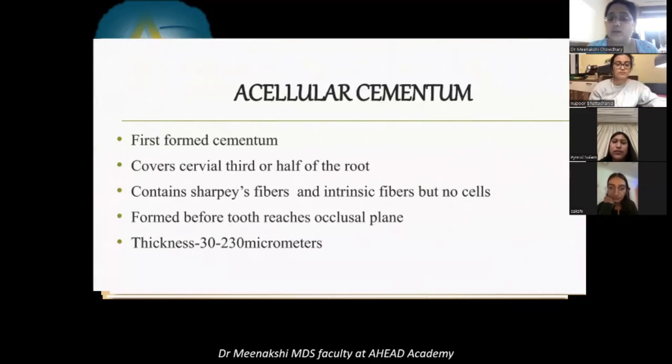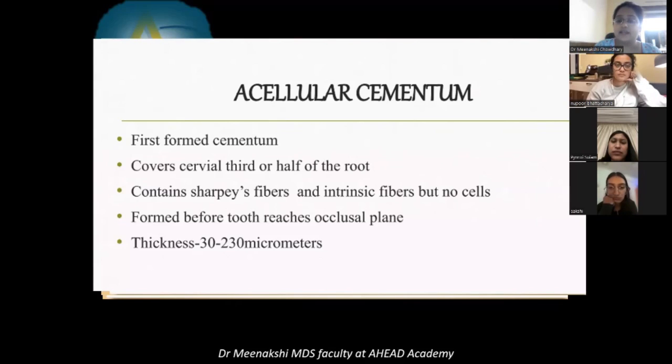If I'm going to talk about the cementum without any cells, then the terminology is acellular cementum. It is said to be the first form of cementum, just the pre-cementum which is getting calcified. It covers only about the cervical third or half of the root.